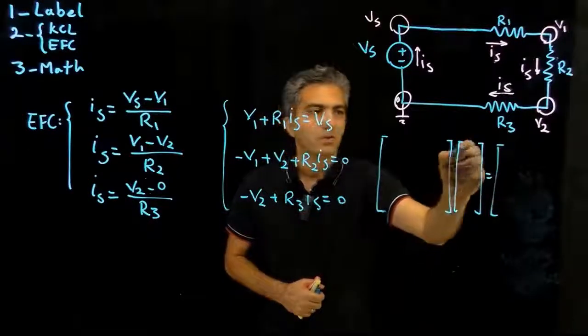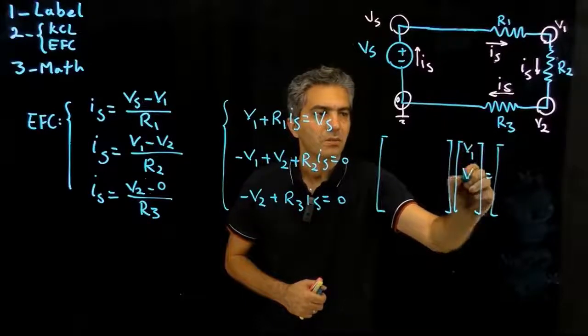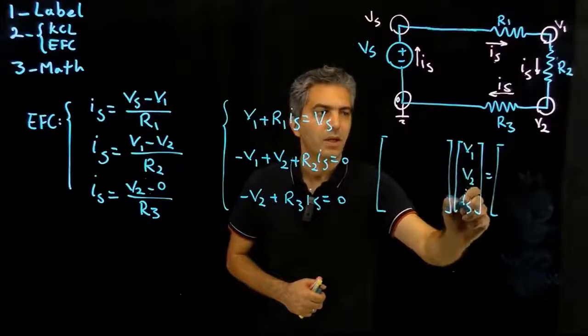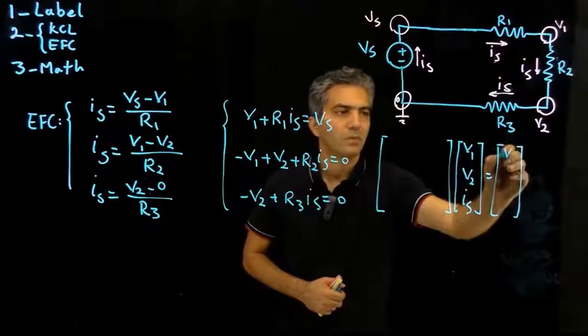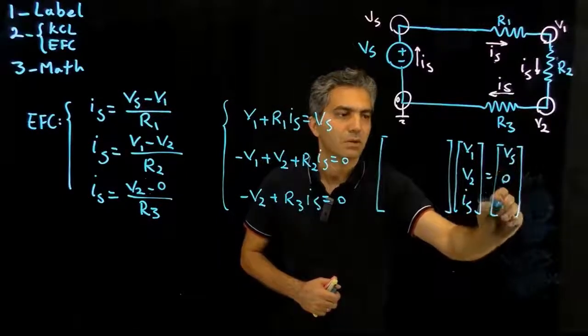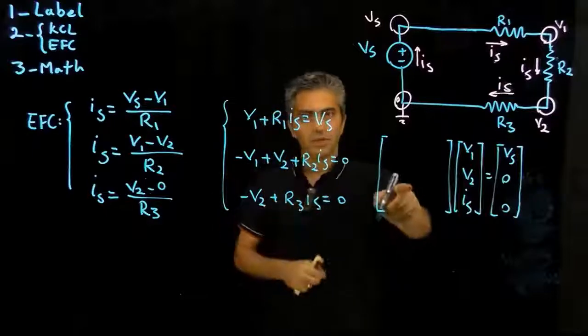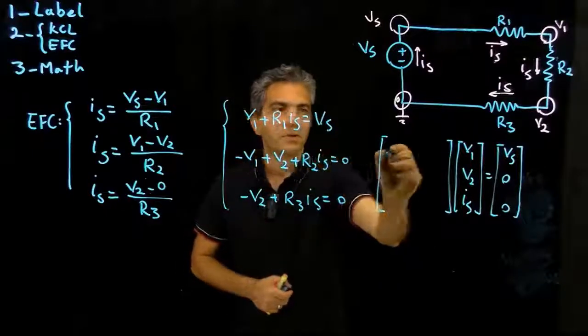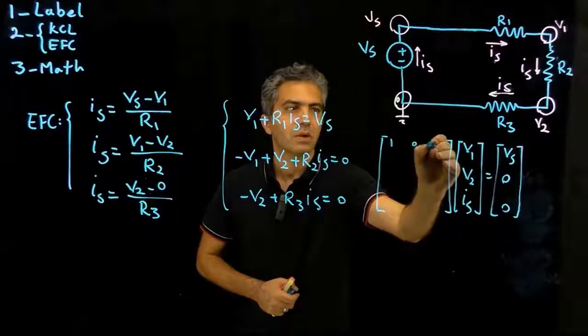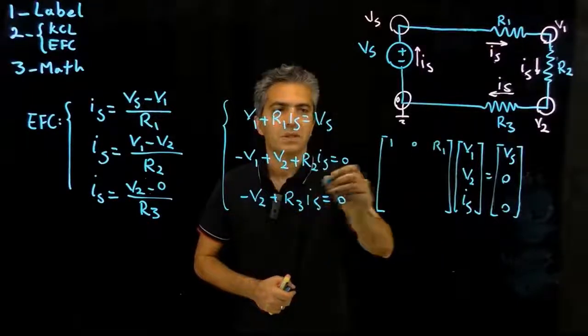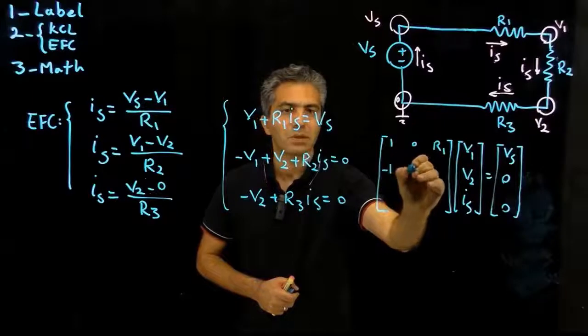The vector of unknowns I'm going to choose as V1, V2, IS. The vector of knowns would be VS, 0, 0. And the matrix multipliers for the first equation would be 1, 0, R1. The second row would be minus 1, 1, R2.